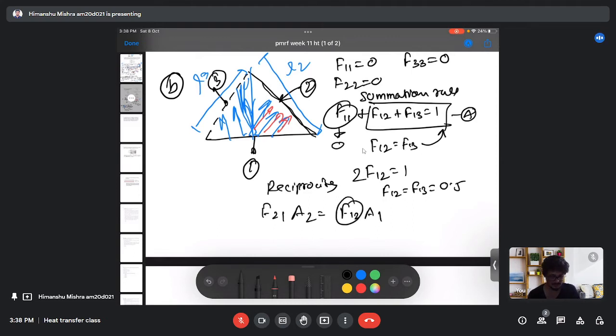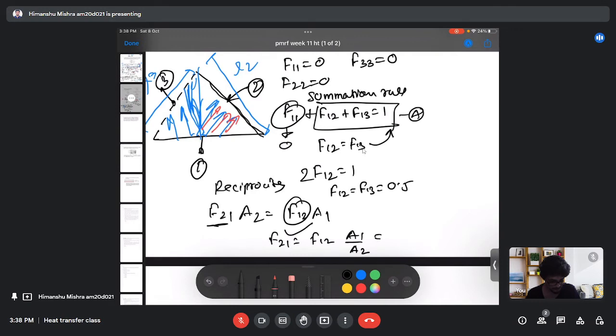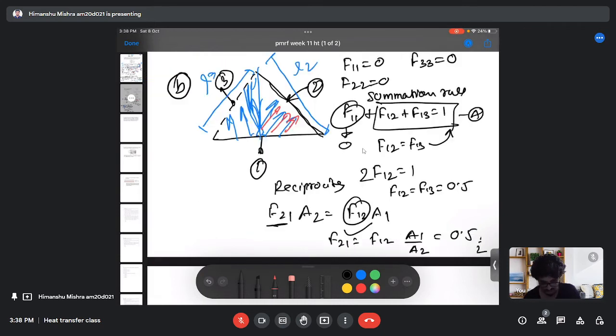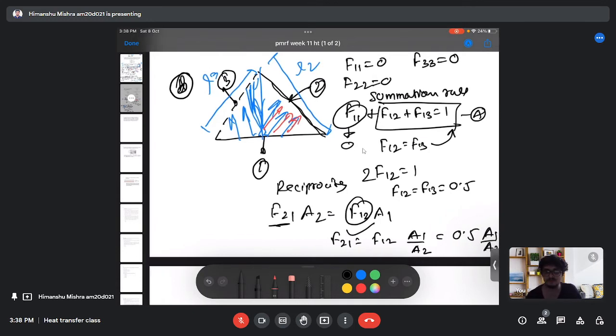We know this and we need to find this. So my F12 is 0.5. So this will be my view factor for this arrangement of the surface.